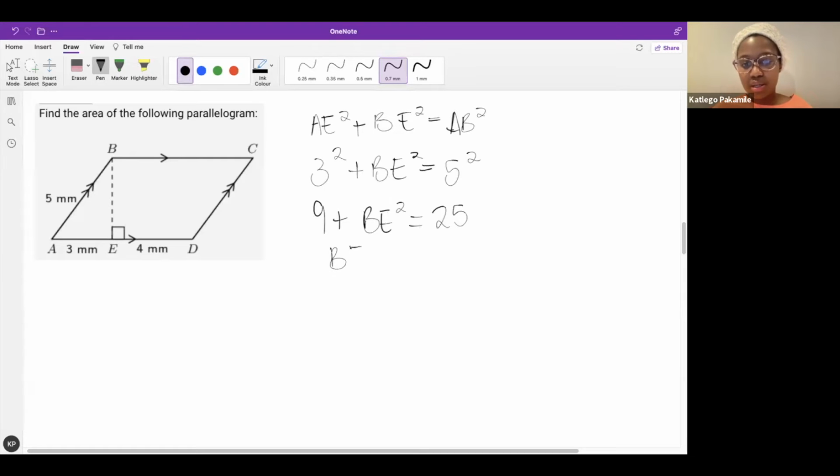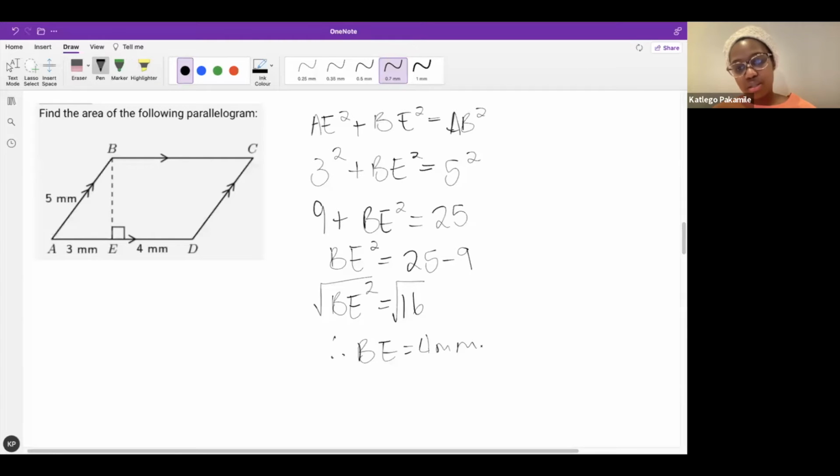BE squared equals what? 9 is going over the equal sign. 25 minus 9, which is how much? 16. Square root both sides. Therefore, the length of BE is 4 millimeters. Okay, now let's write our formula for an area.